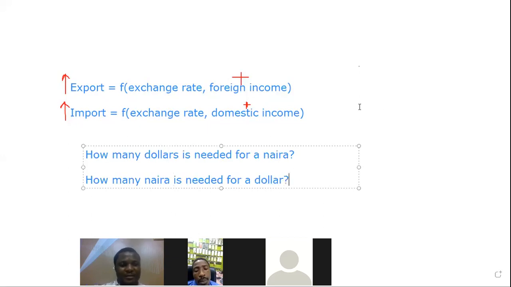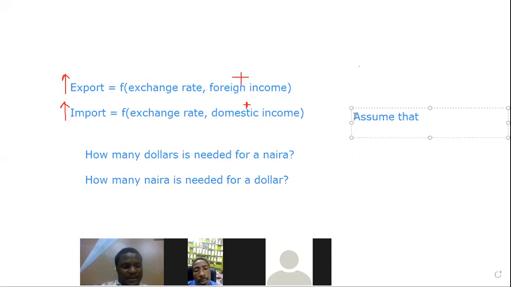So let's assume that the exchange rate, the way Nigeria interprets it, is 400 naira to $1. For the first question, how many dollars do I need for a naira?